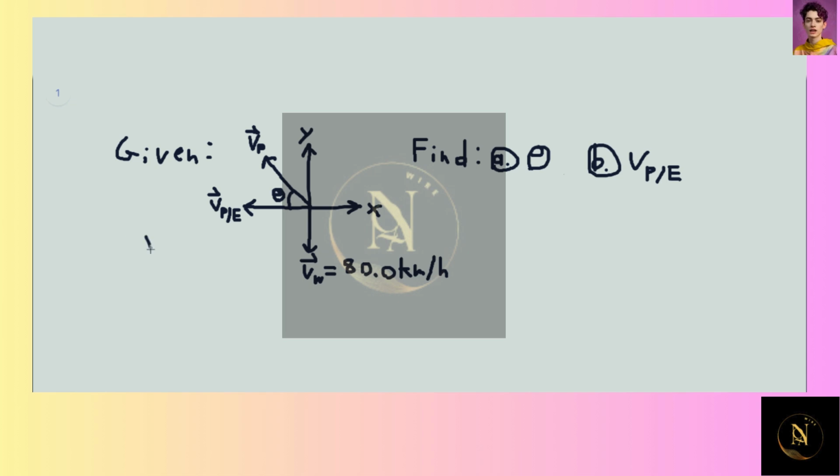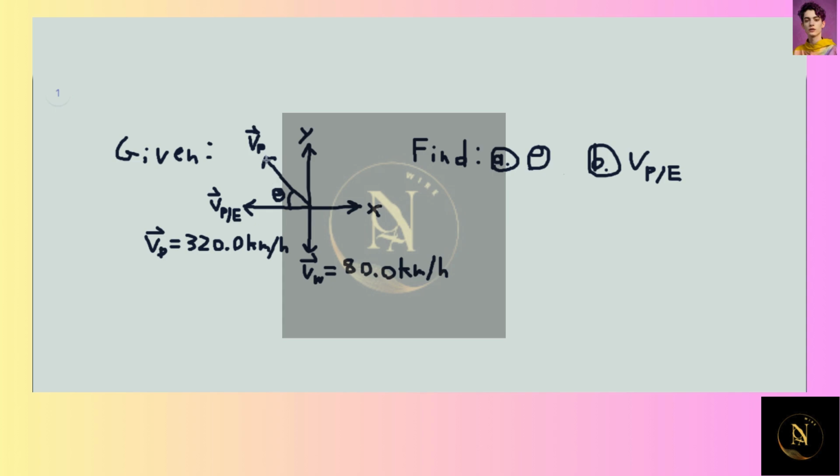So we're given that VP is equal to 320 kilometers per hour.